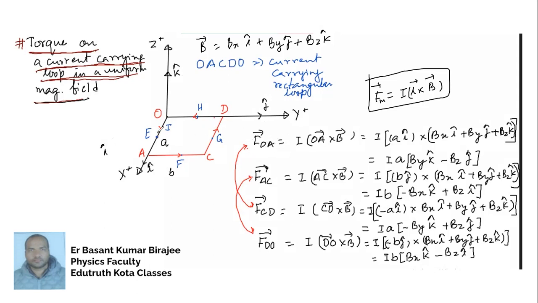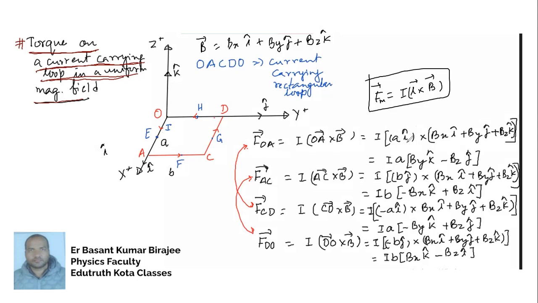The magnetic force experienced by the OA arm is I, length vector of the OA arm, cross the magnetic field. So the magnitude of length is A, and the direction of this length vector is along the positive x-axis.